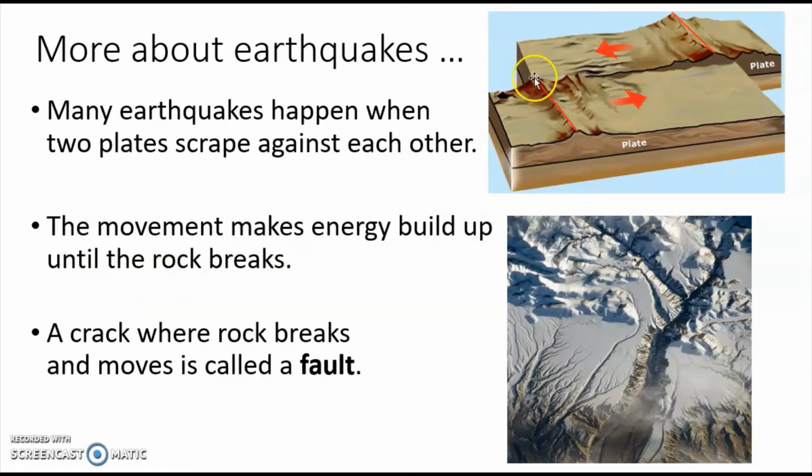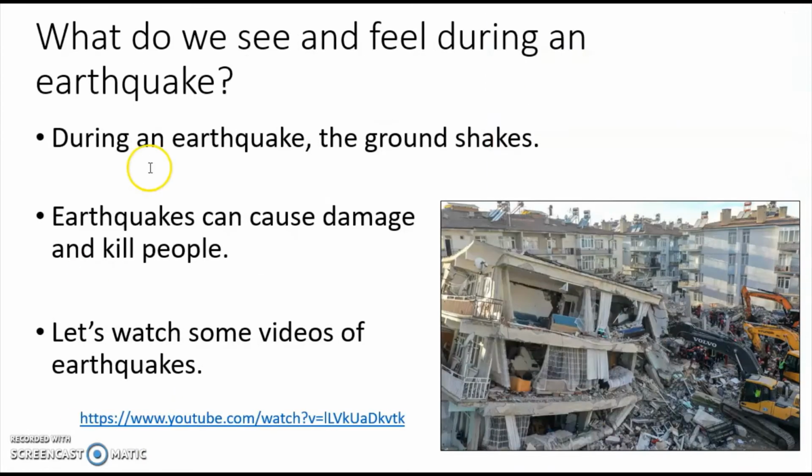See, it's broken now. A crack where rock breaks and moves is called a fault. Look at this. Massive, huge fault. This is in Nepal, a country that is on the northeast border of India. And it's got a lot of earthquakes there. Japan does too.